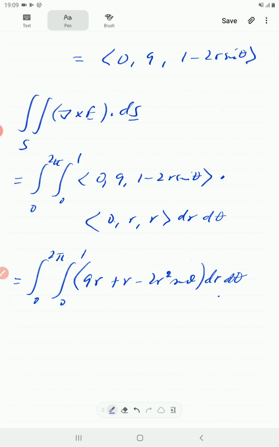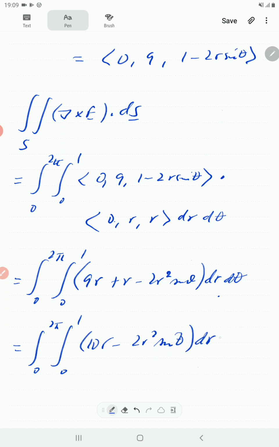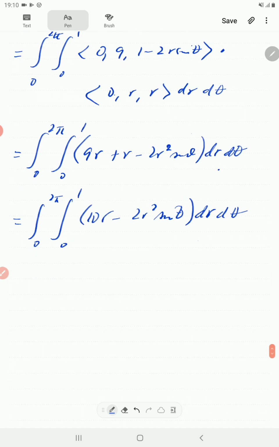So this is actually 10r minus 2r squared sine theta. This integral is not exactly difficult. Actually, we can split the r and theta integrals.